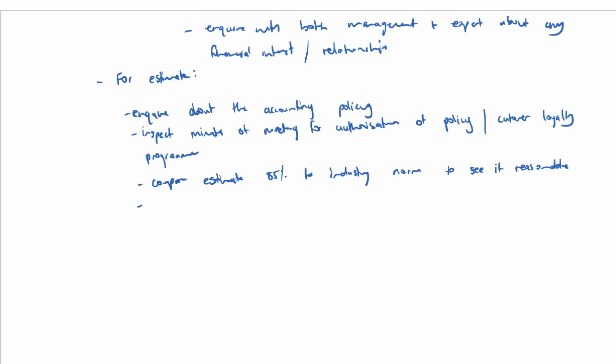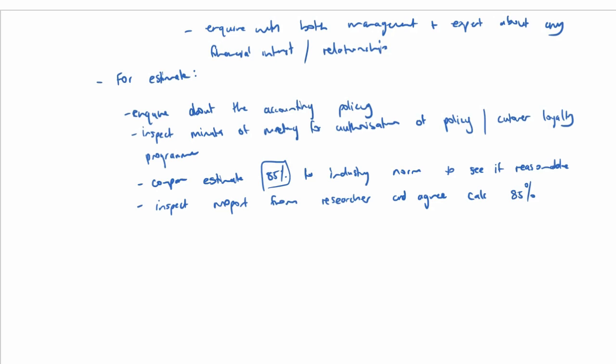I also want to make sure he has this percentage in his calculation. Inspect the report from the researcher and agree that his calculation is 85%.